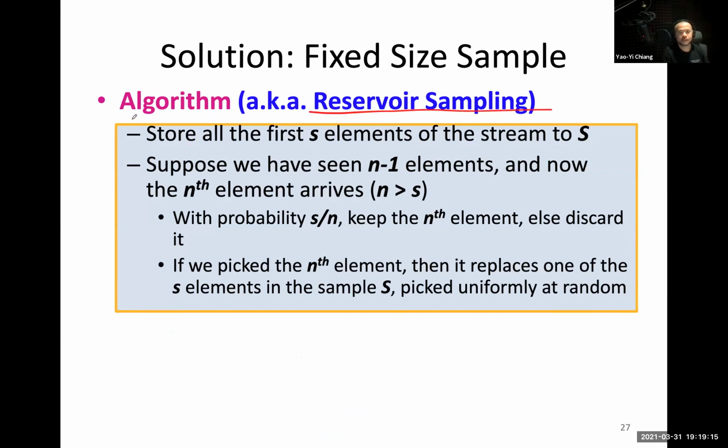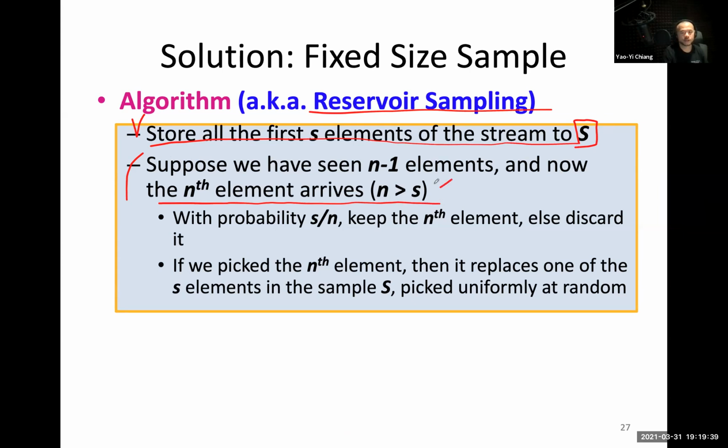The algorithm tells us that if you store all the first s elements of the stream into your sample, we know that in this case every element has 100% probability to be selected into the sample. Suppose now you have seen n-1 elements in the data stream, and your nth element arrives.